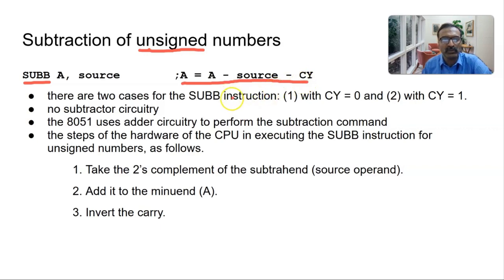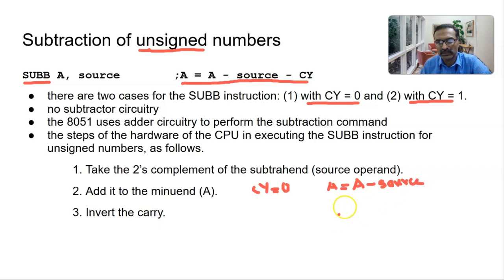Now there are two cases for SUBB instruction. One case where carry is equal to 0. Another case when carry is equal to 1. So you have to understand that in 8051 there is no separate circuit for subtraction. The adder itself acts as the subtraction. So how will you do it? When CY is equal to 0, A is equal to A minus source.